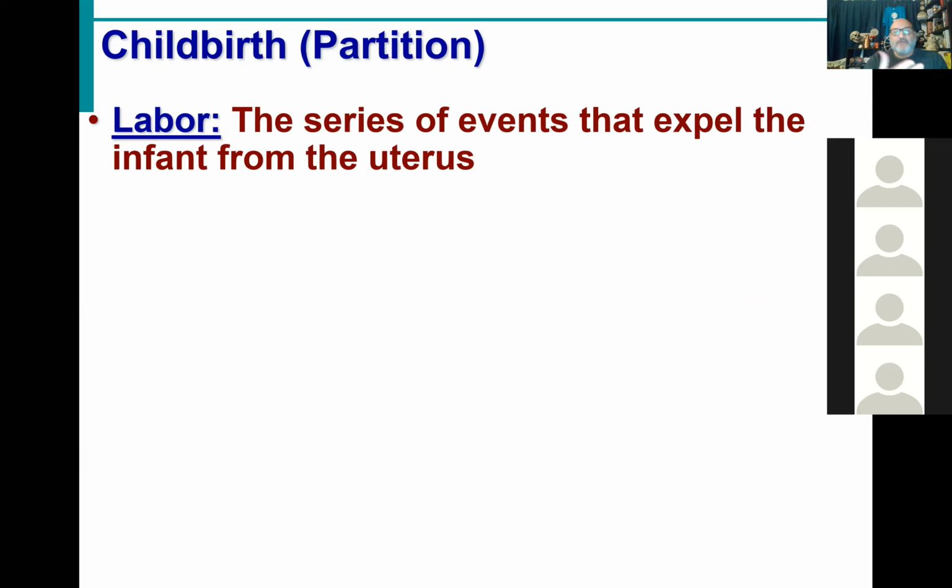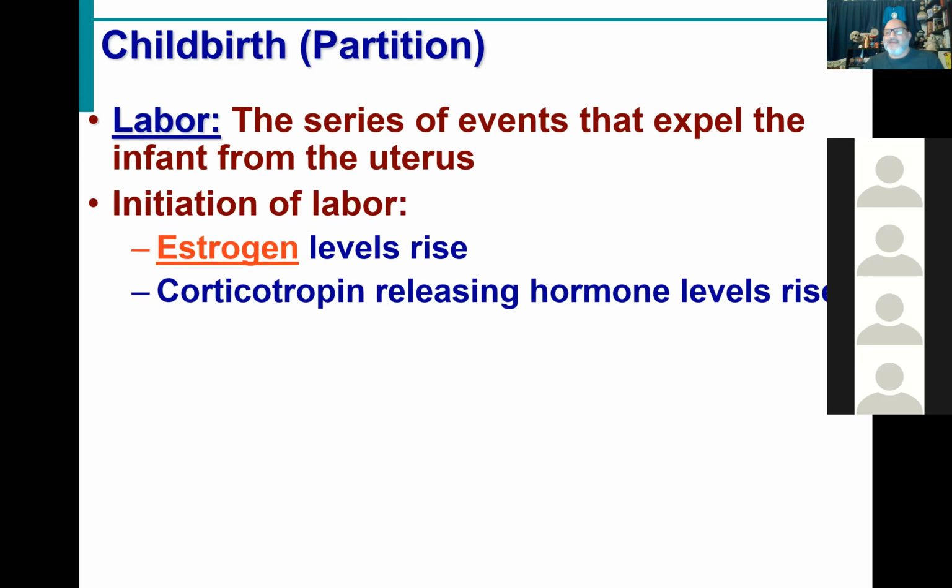Childbirth, parturition, or labor are the series of events that expels the infant from the uterus. Again, notice as we saw on that previous chart, there is a dramatic increase in estrogen levels that is coupled with a drop in progestins.